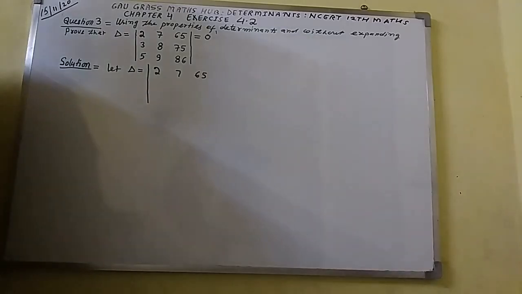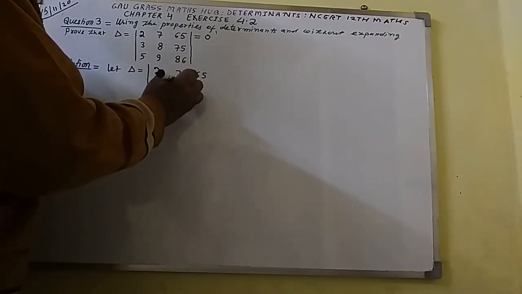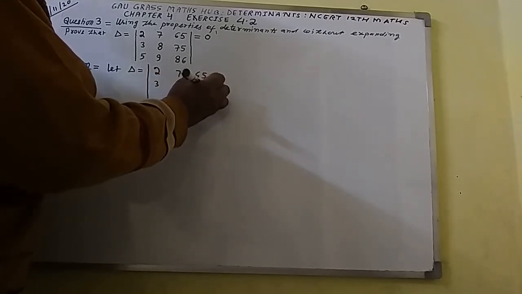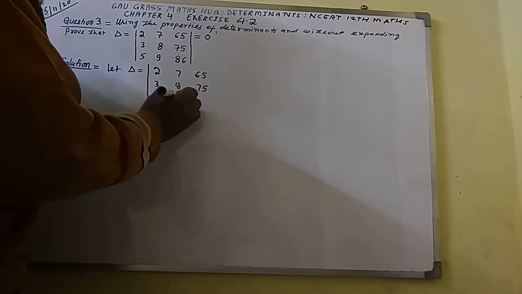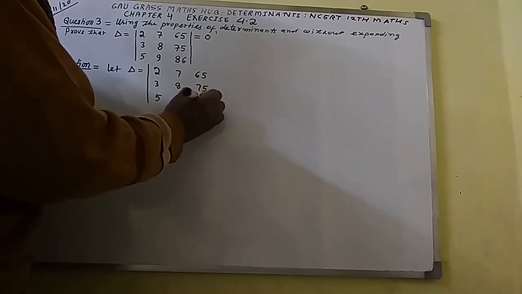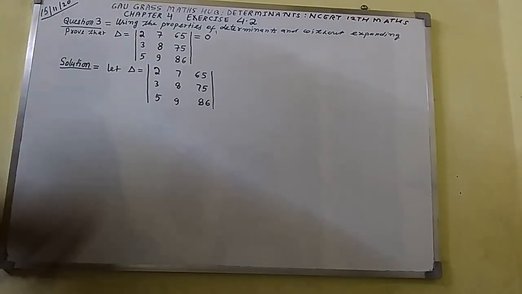The second row is 3, 8, 75. The third row is 5, 9, 86. Closing of the determinant by vertical line.